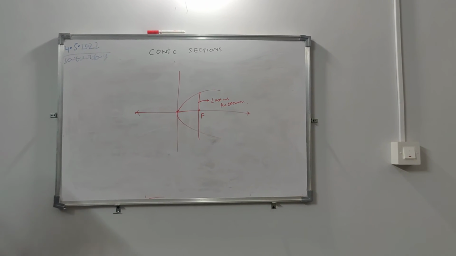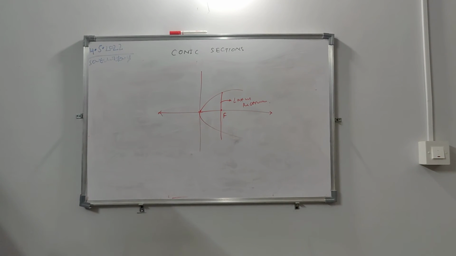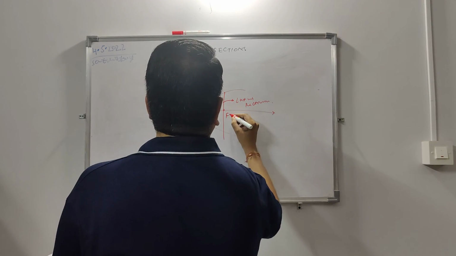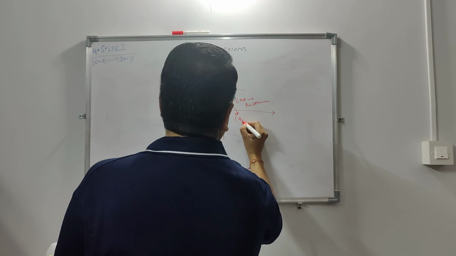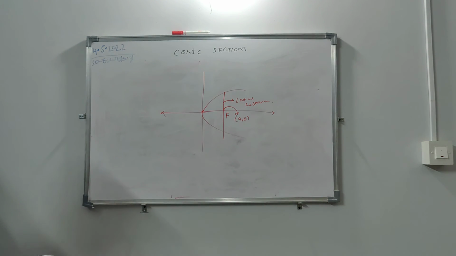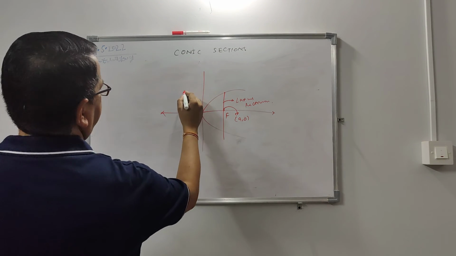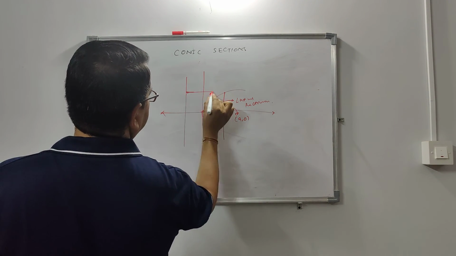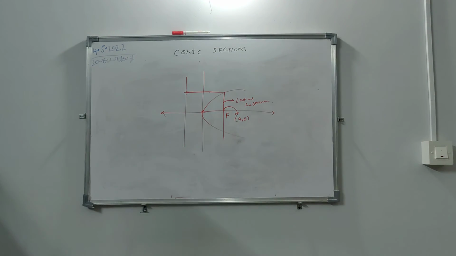By the definition of parabola, how do you find the length of the latus rectum? My coordinate here is (a, 0).